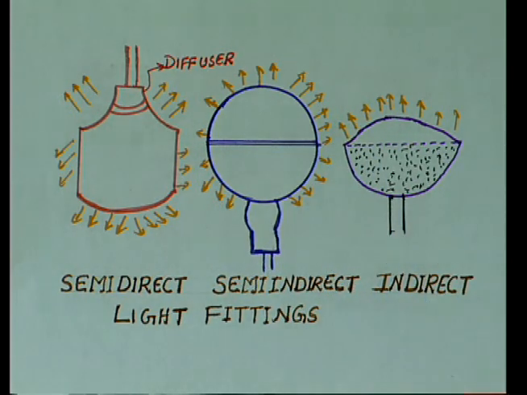These semi indirect fittings are generally used where there are parking spaces and much illumination is not required, and where gate lights are there, fixed on either side of the gate. The light should fall only below the lamp, near the gate space. It should not illuminate upwards. If it does, we find glare. These are the examples for semi indirect fittings.